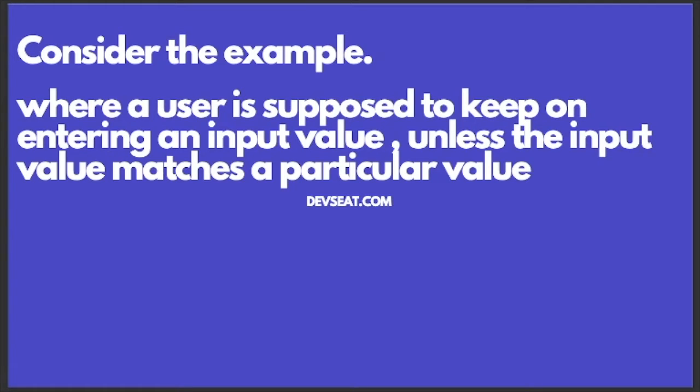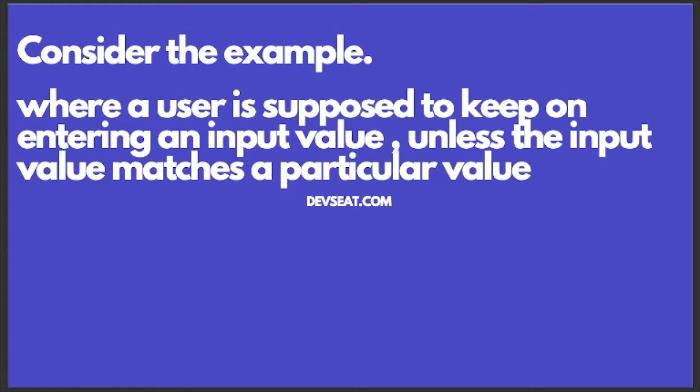The user has entered one value and that value will be checked against a predefined value, and if it doesn't match, the user will be prompted to enter the value again, and this prompt will repeat until the user enters the correct value.